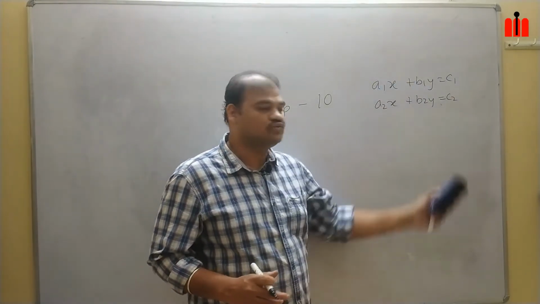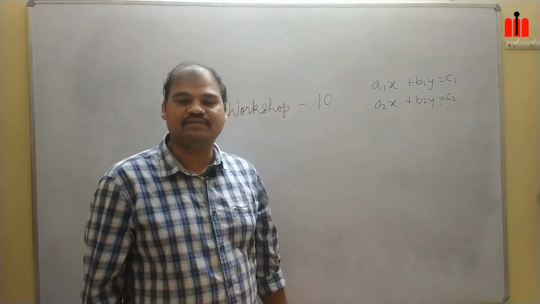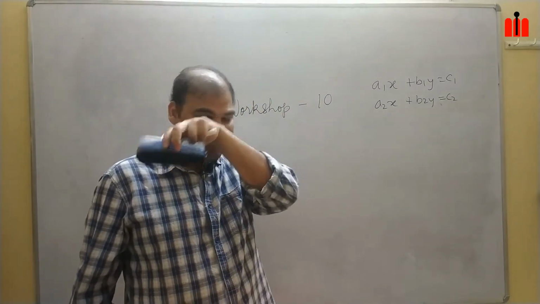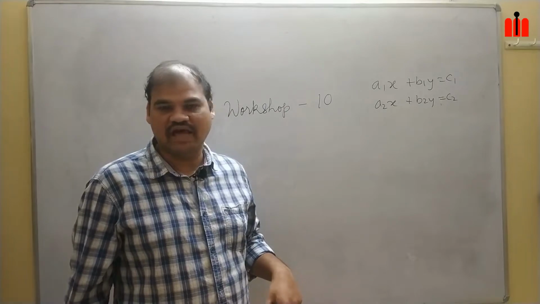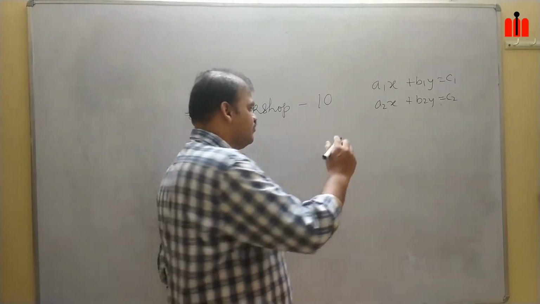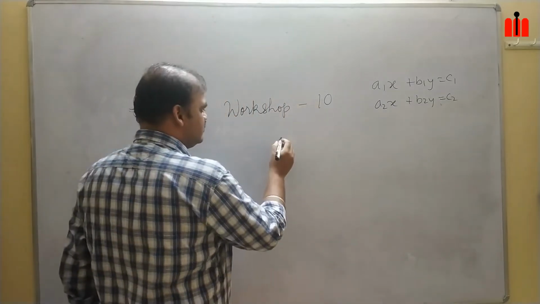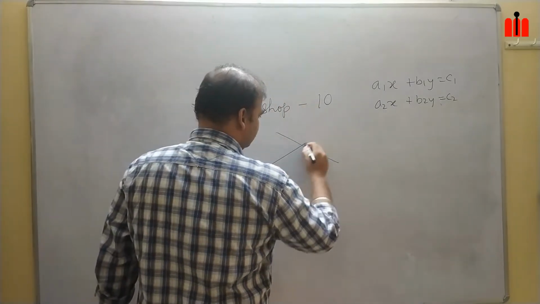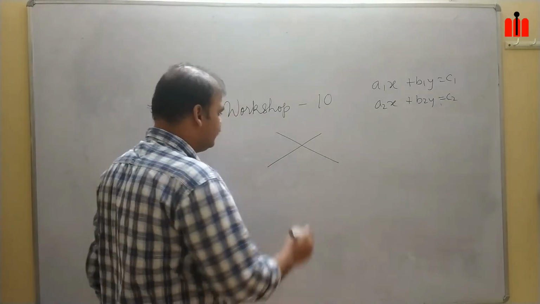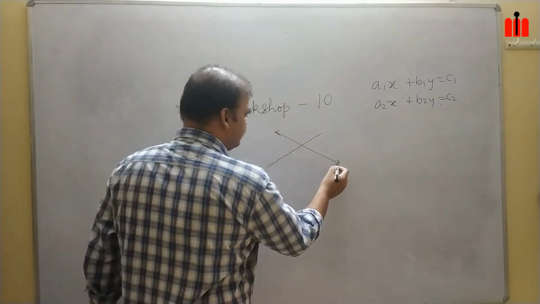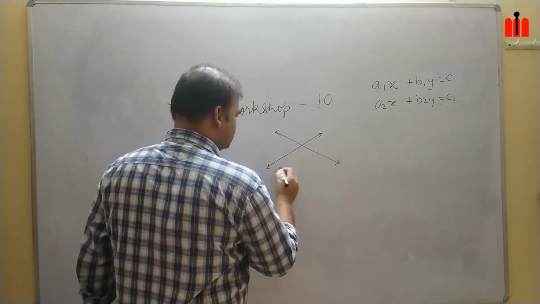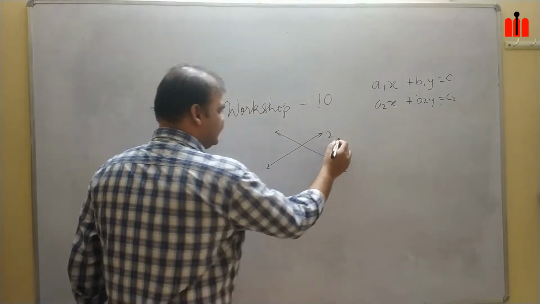So what do these two equations represent? They represent lines. What are the three possibilities for these lines? Suppose this is line 1 and this is line 2.